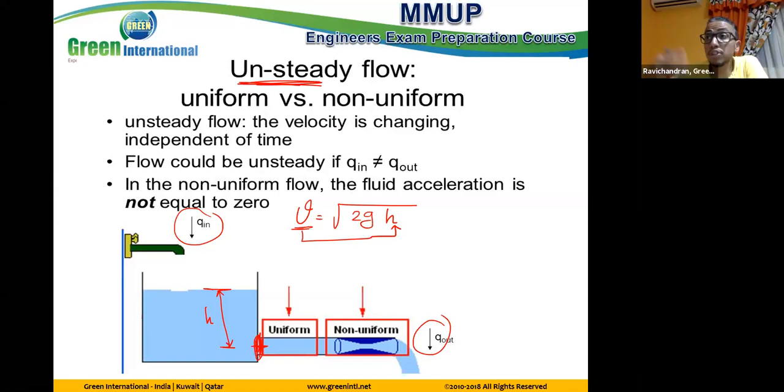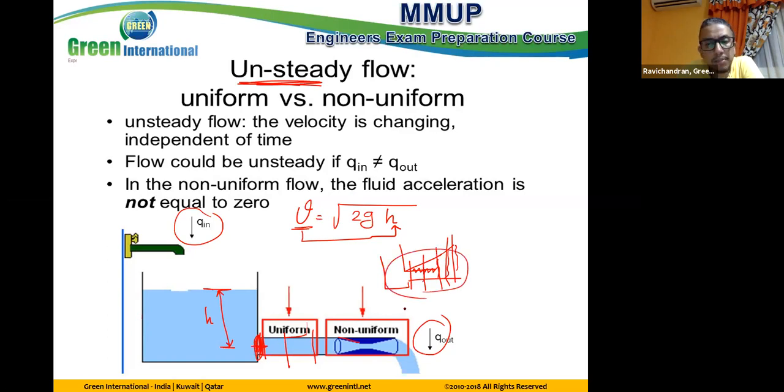But I need to go to the second classification, uniform or non-uniform. This depends on the pipe shape. If the pipe is uniform like this, then at different positions the diameter does not change, so the velocity does not change. Why? Because of the continuity equation, the relation between velocity and diameter or area. But for a pipe like this, the position here is not the same as there, so the velocity changes with position.